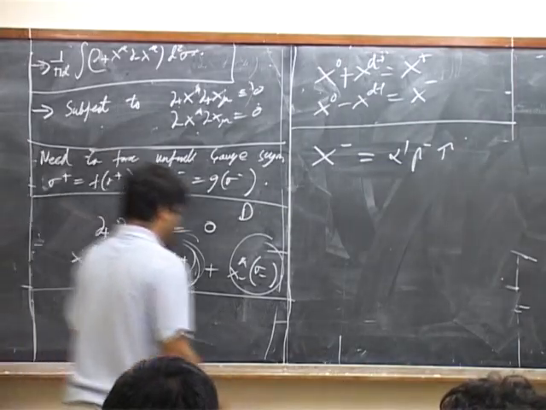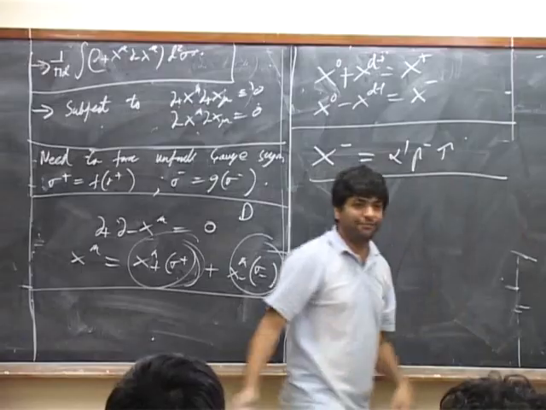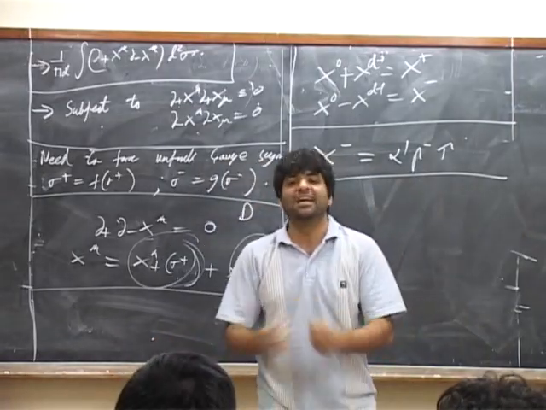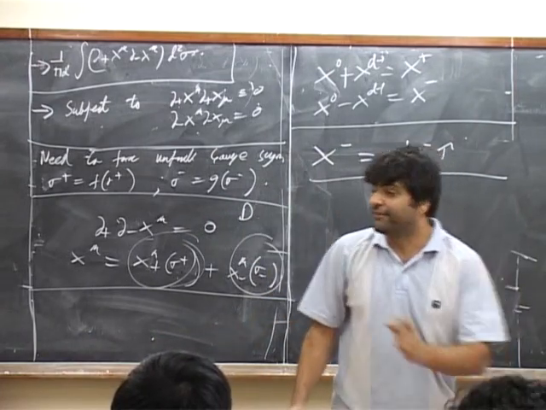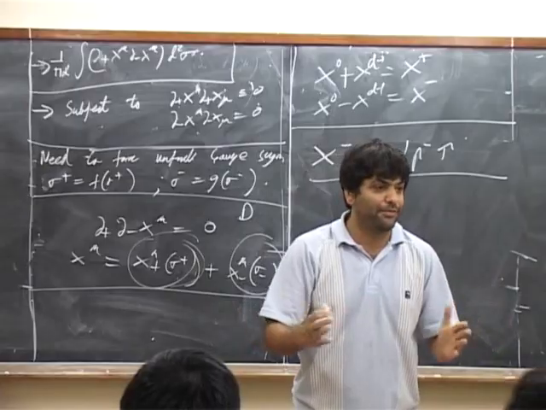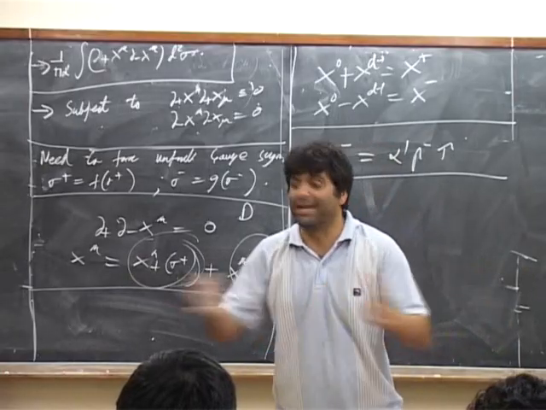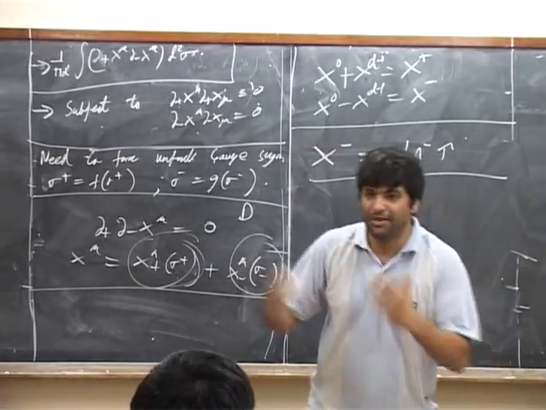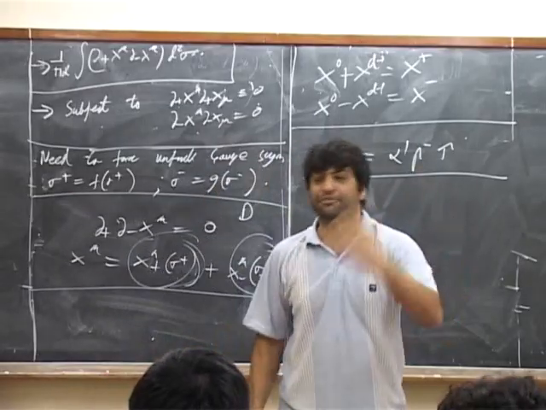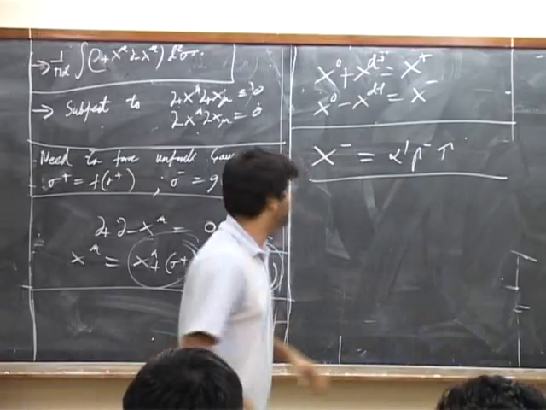This is the final gauge I'm going to fix, but I'll say it in a way that makes it sound less arbitrary. Firstly, what is p minus? At the moment, it's some undetermined number. I will convince you in a moment that p minus cannot be fixed. We don't have the freedom to rescale p minus, because different p minuses give you physically different solutions.